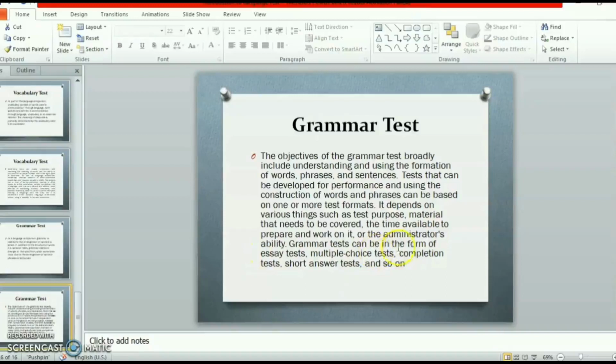Grammar tests can be in the form of essay tests, multiple choice tests, completion tests, short answer tests, and so on. But in school, the grammar test is usually the main component in measuring students' writing ability and speaking ability.